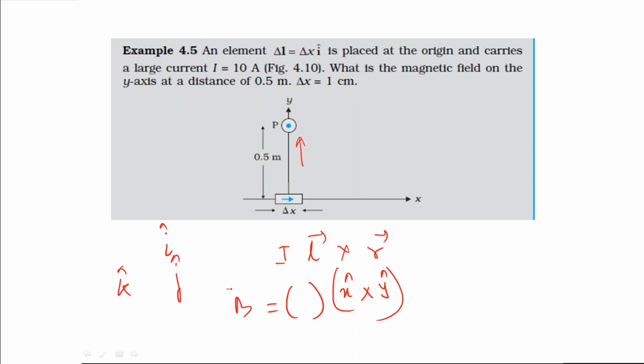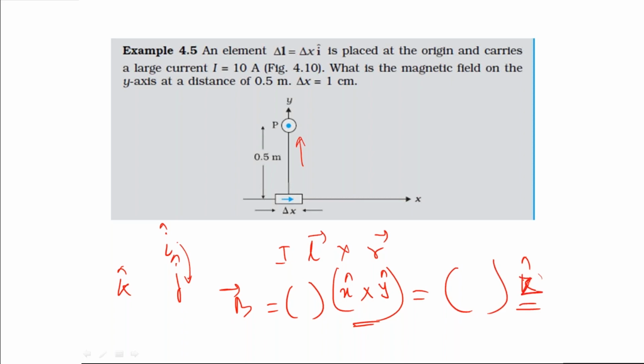Now you have to find out the direction of the field. Suppose some value will be here as magnitude, and the direction will be this. So x cap cross y cap, according to the cyclic rule, gives k cap.